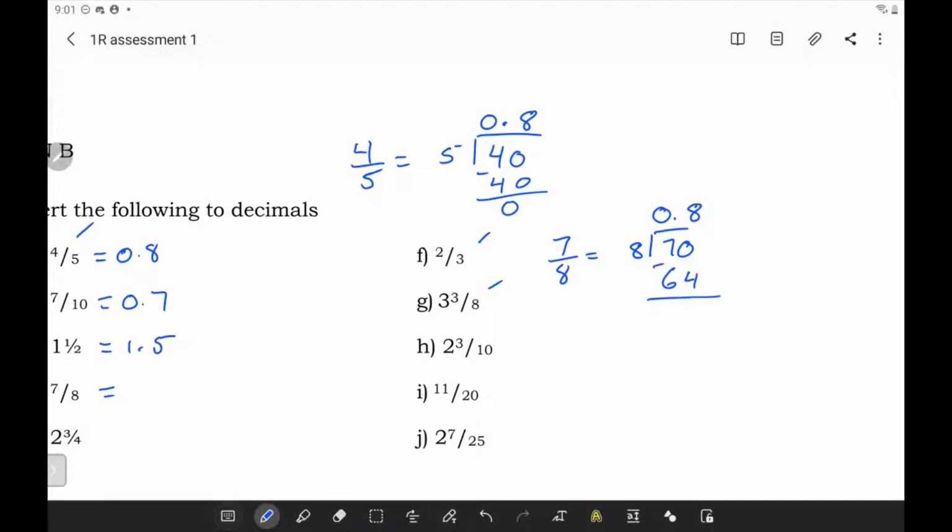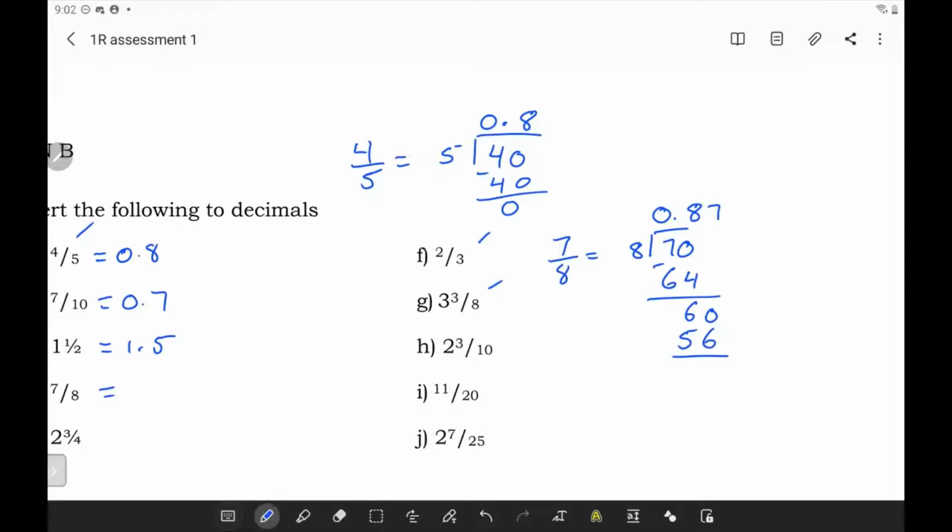So with the subtraction, we get 6 to 0. 8 into 60 is 7. Seven eights are 56. Remember, there are infinitely many zeros here.